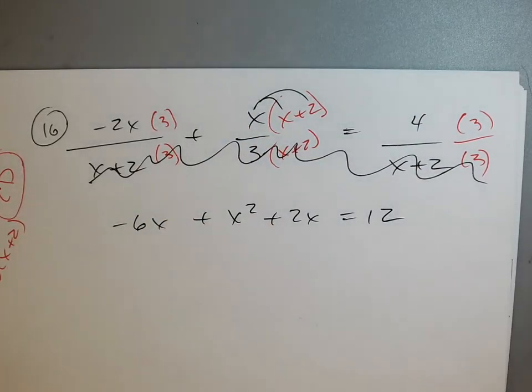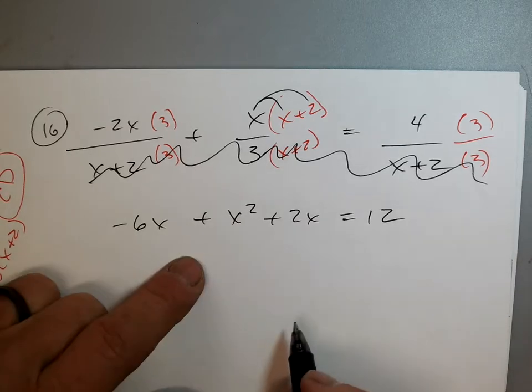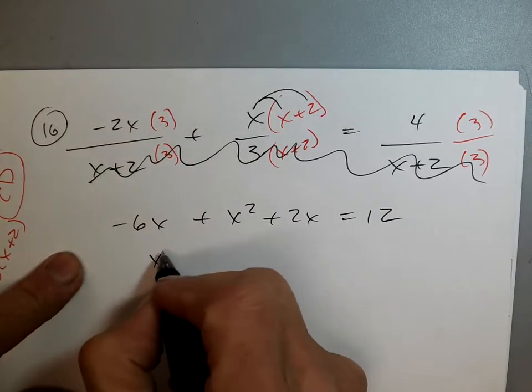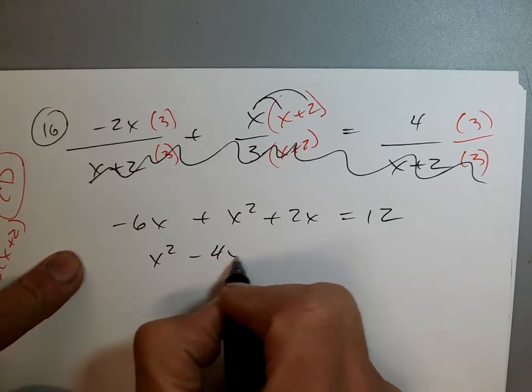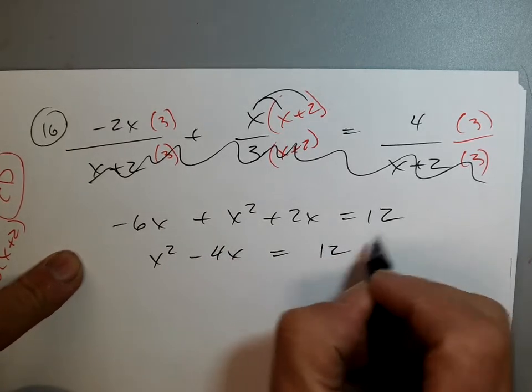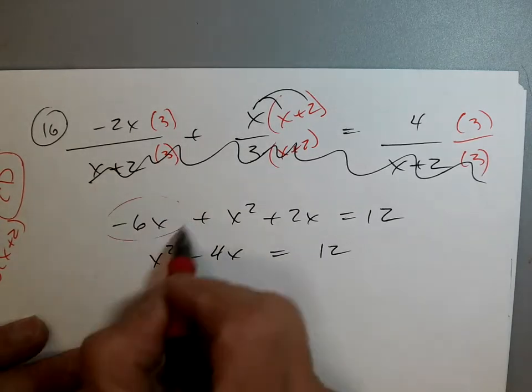Once you get that common denominator, just gone, bam. And now the fraction's gone, right? Now we're going to have to factor, but we can do that. So I get an x squared minus a 4x equals 12, just because I combined those two, right?